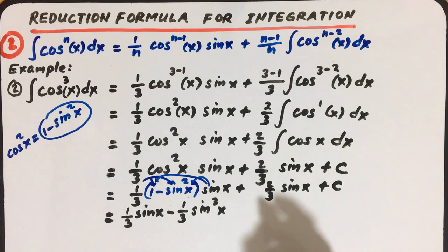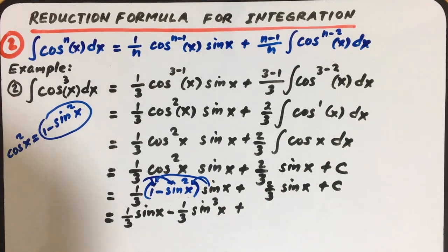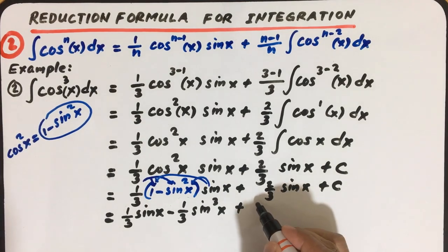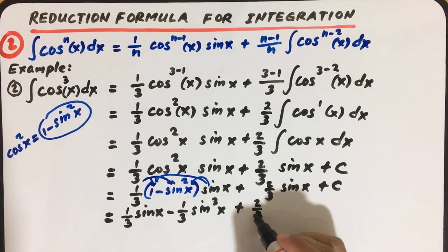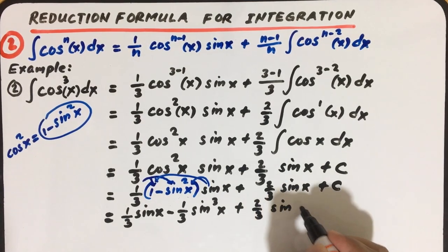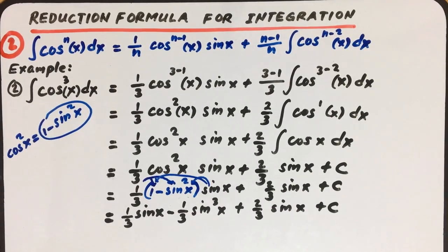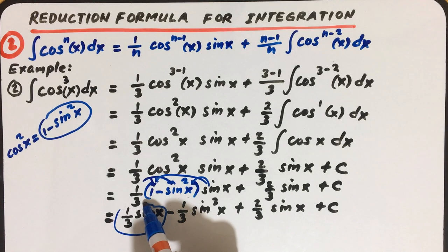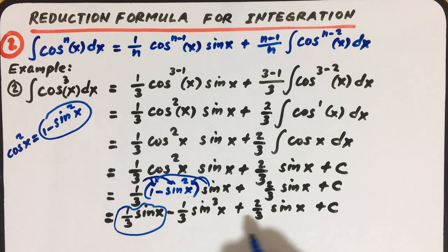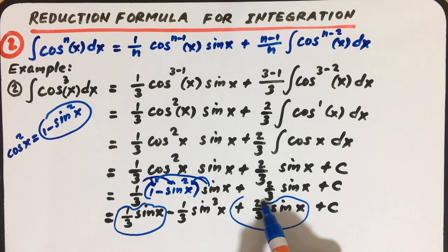So plus 2/3 sine x plus c, and we can combine 1/3 sine x together with 2/3 sine x.